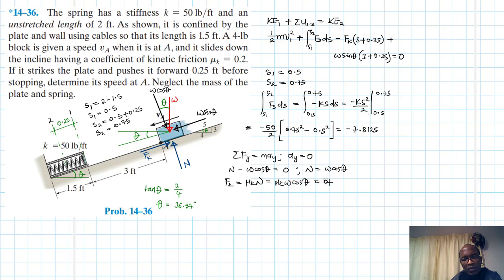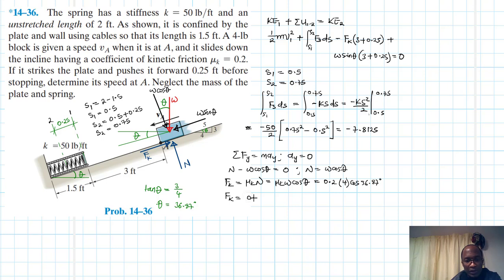And this is just equal to 0.2 times the weight of the block. What's the weight of the block? It's 4 pounds. Then cos 36.87. Therefore, Fk is just going to be equal to 0.2 times 4 times cos 36.87.